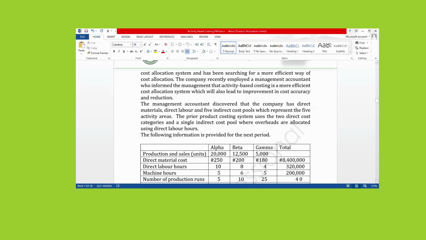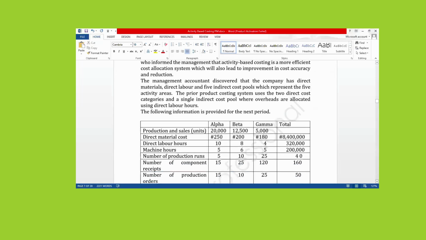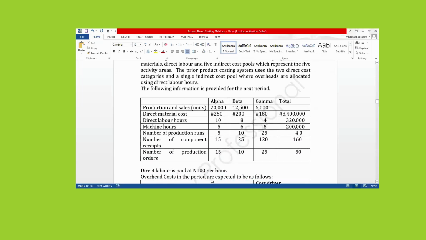To produce 1 unit of alpha, we require 10 hours of labor. To produce 1 unit of beta, we require 8 hours of labor. And 4 hours of labor is needed to produce 1 unit of gamma. We have the machine hour also. Number of production runs, number of component receipts, number of production orders.